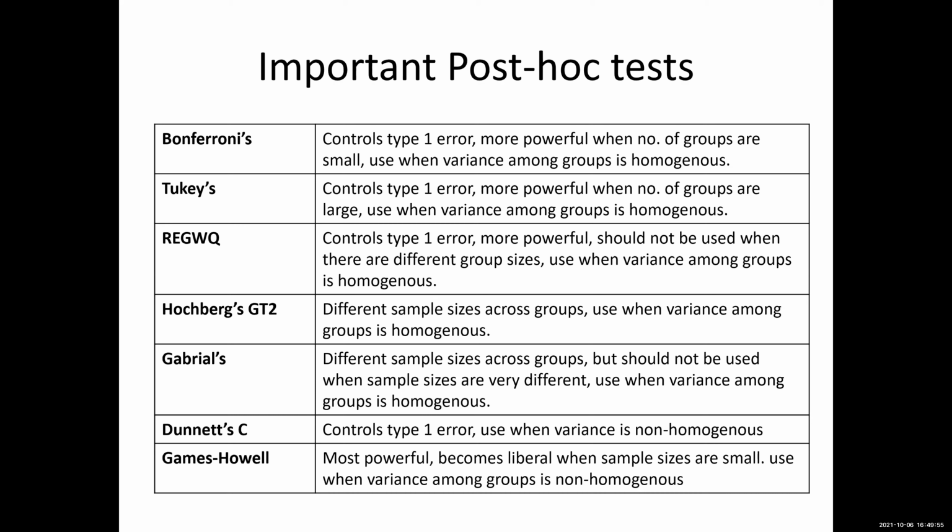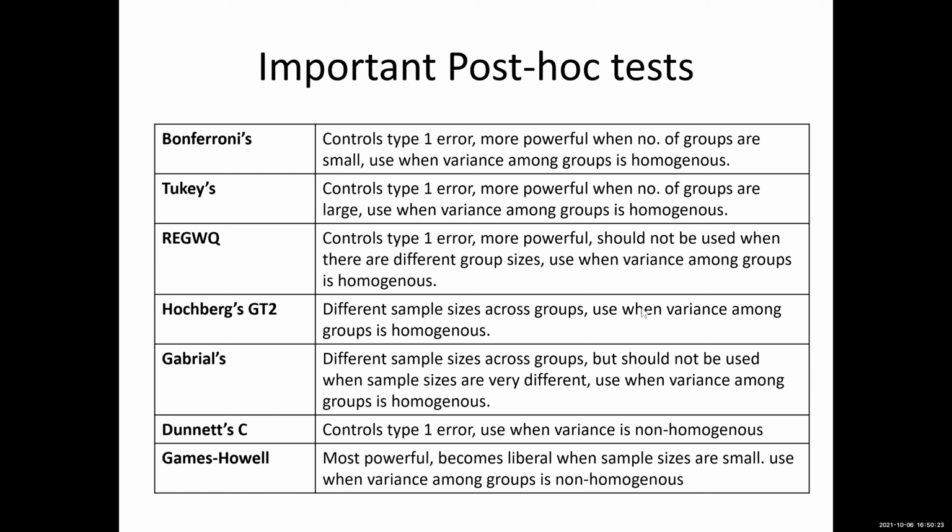So if the variance is non-homogeneous, we typically look at Dunnett's C and Games-Howell. When you are running these tests, you can ask SPSS to give you output on each one of these, and then sometimes you can compare and contrast how the output looks under each test.